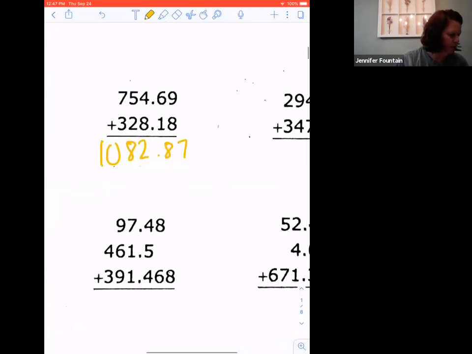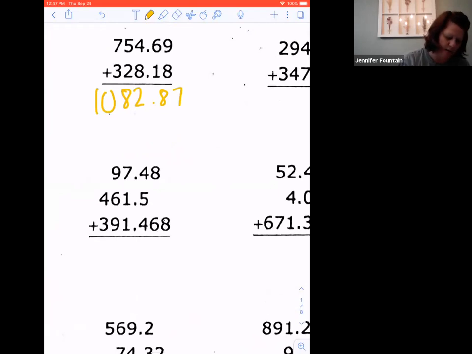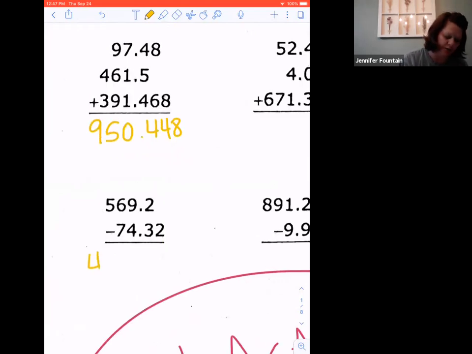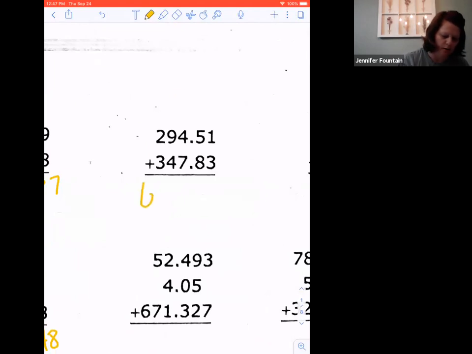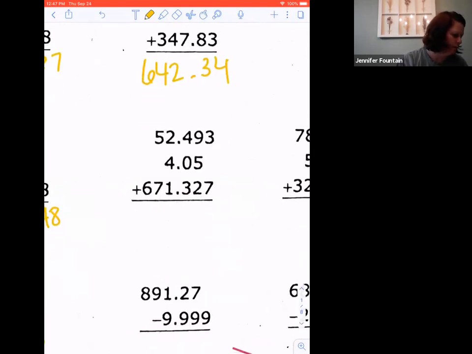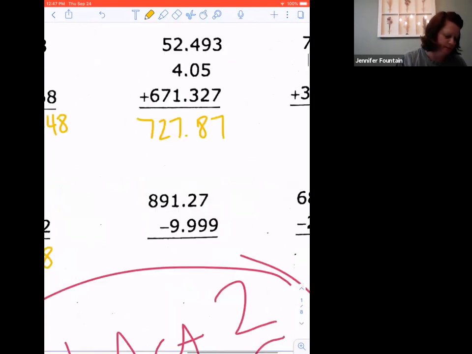1082.87. Underneath that, we will have 950.448. Underneath that, subtraction 494.88. 642.34. 727.87. And then 881.271.